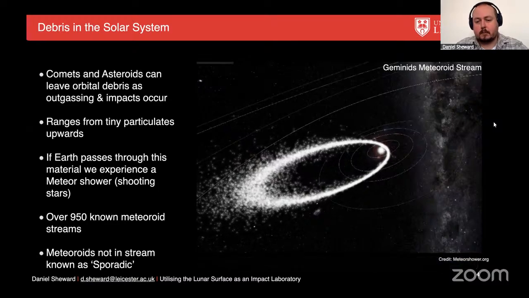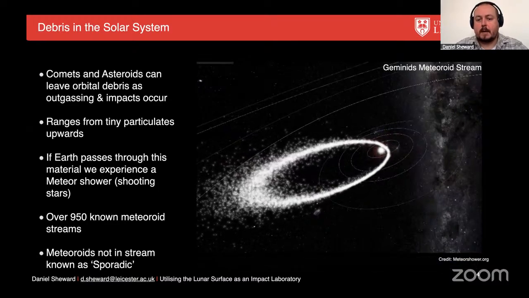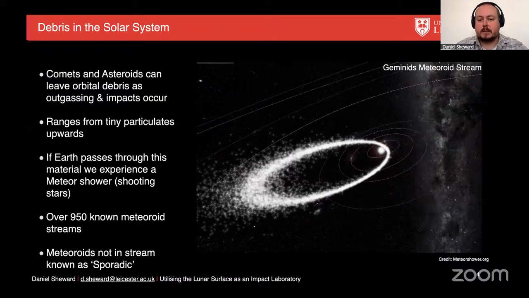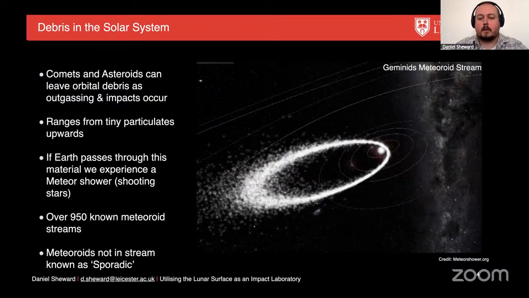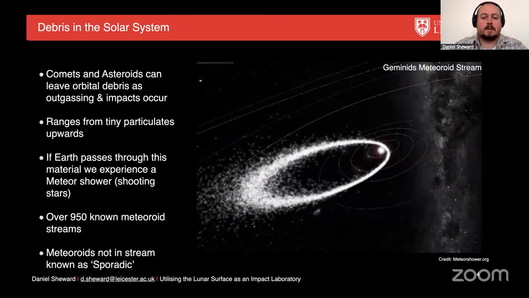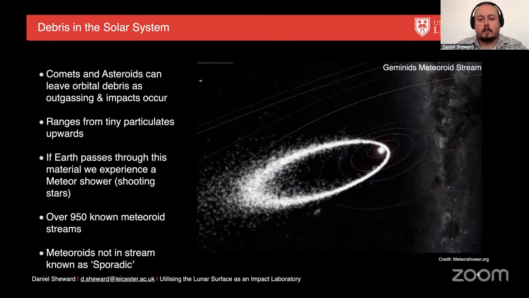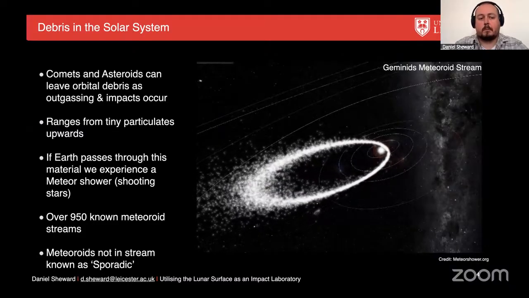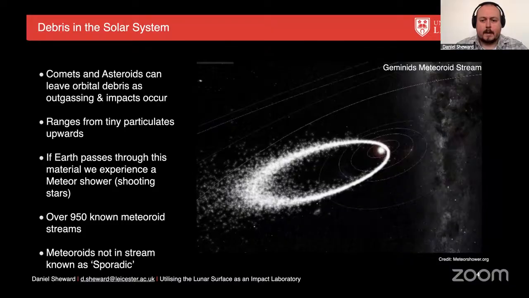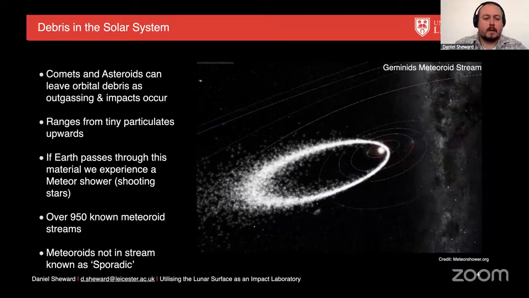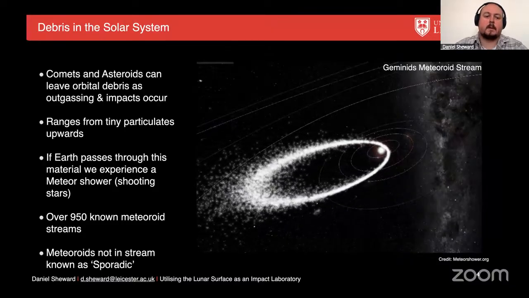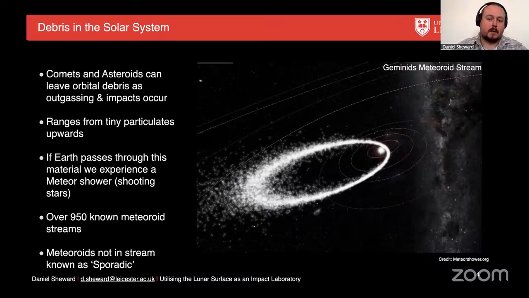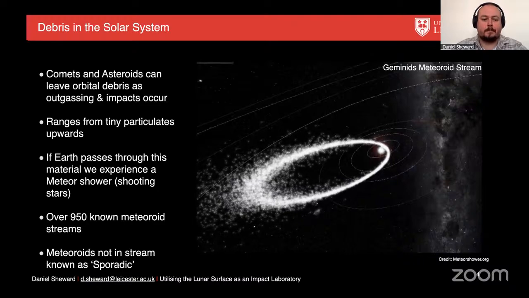Or with asteroids, you can have smaller impacts that don't fully break up, but these smaller fragments of ejecta can similarly litter the orbit. And these sizes can range from tiny little sub-millimeter particles all the way up to quite big boulders. And when the Earth passes through one of these orbits, we experience a meteor shower as some of this debris is thrown into the Earth's atmosphere.